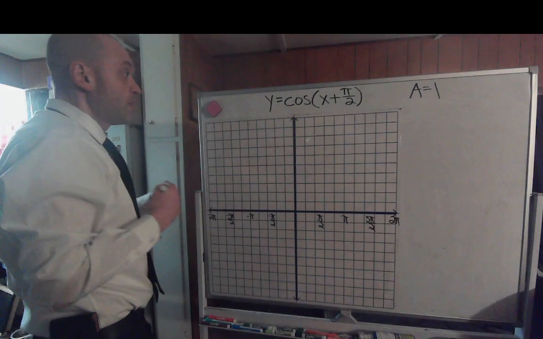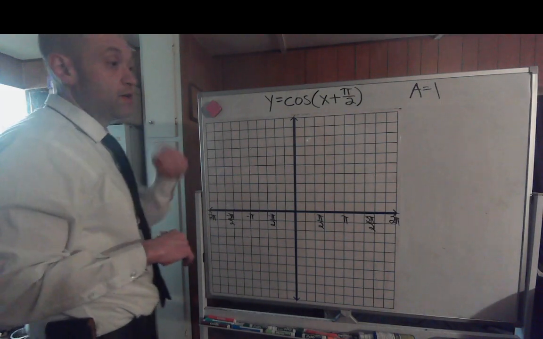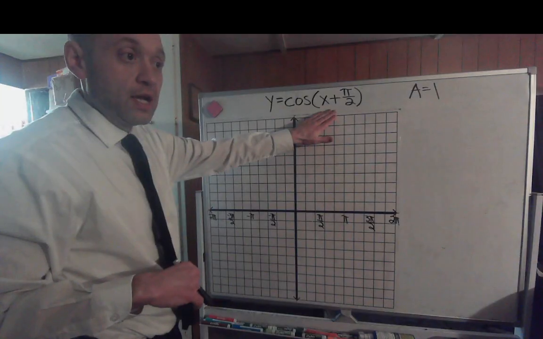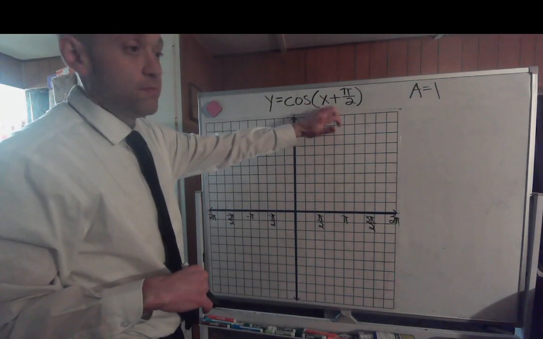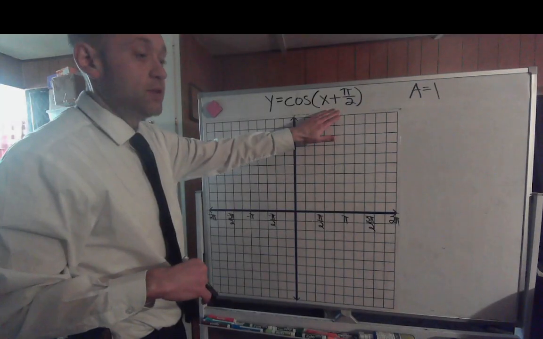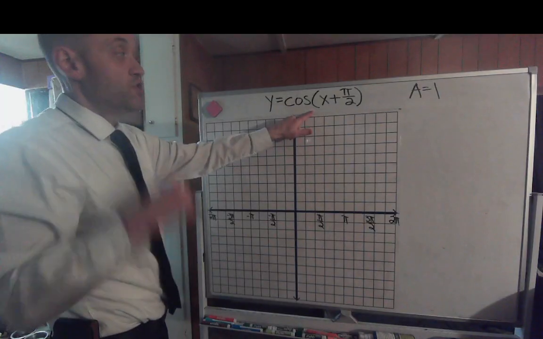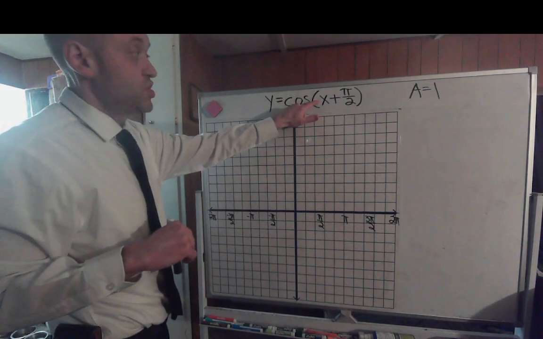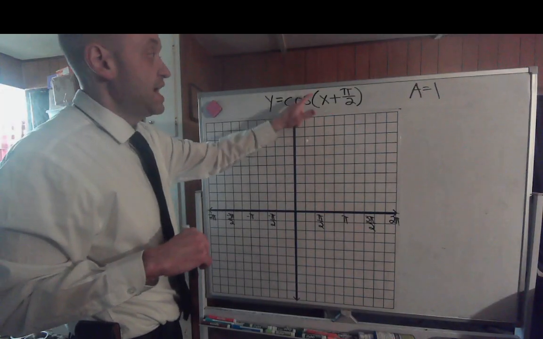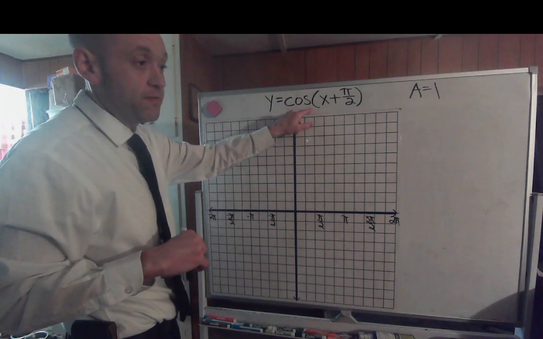Now, let's look at the period. If you have the cosine of a quantity, you look at the coefficient on the x inside the parentheses. Outside you may or may not have a coefficient.